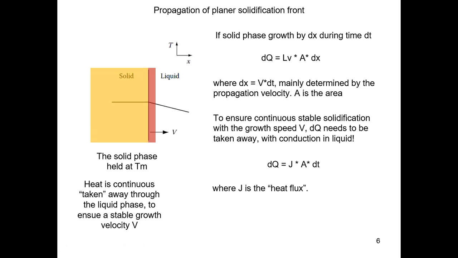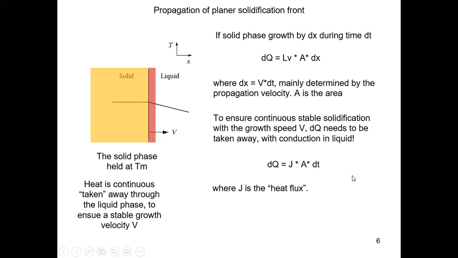You can easily convert the flux back to the amount of heat by multiplying by the area of the system and then by the time dt. This is by definition the flux: the amount of heat per unit area per unit time. So when we multiply these two quantities back to the flux, you get the amount of heat.